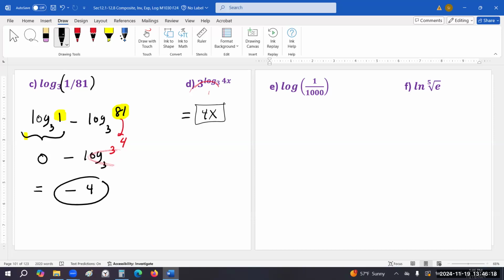How can you rewrite the fifth root so that there will be no space between ln and e? We can write e to the power 1 over 5. See, fifth root is the same as 1/5 power. So rewrite, and then we cancel, and the answer will be 1 over 5. When e and ln don't have anything between them, they always cancel out.